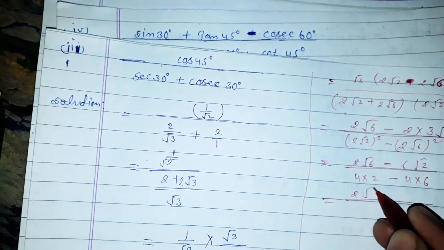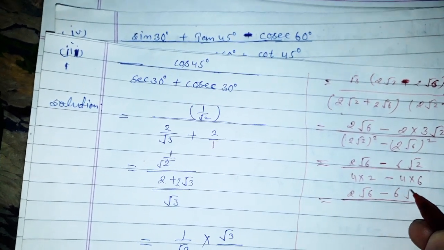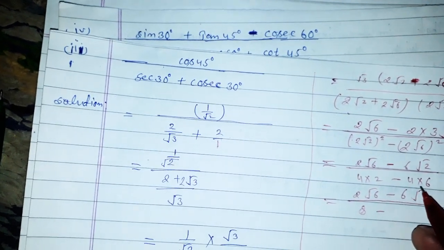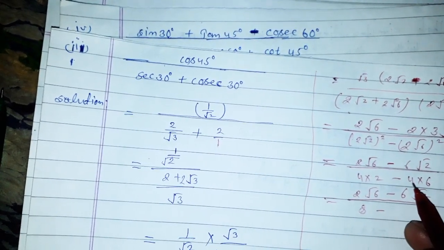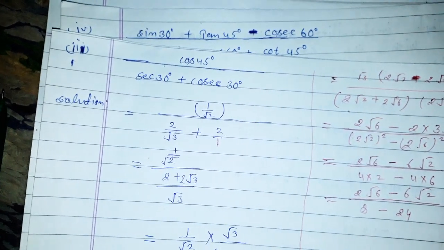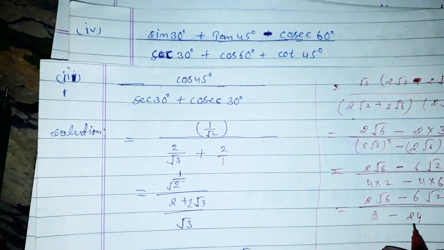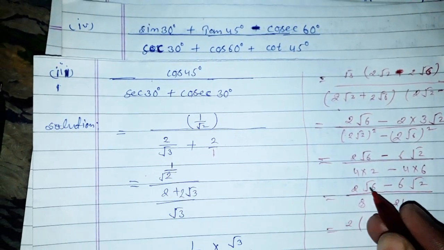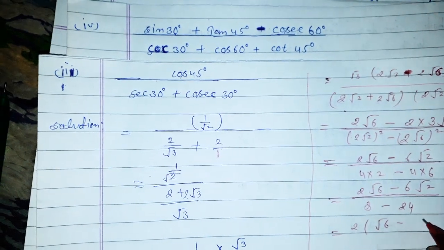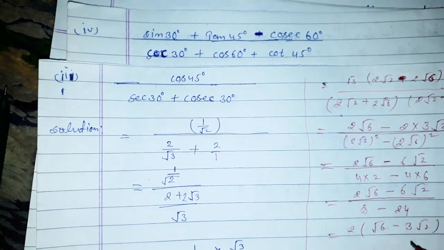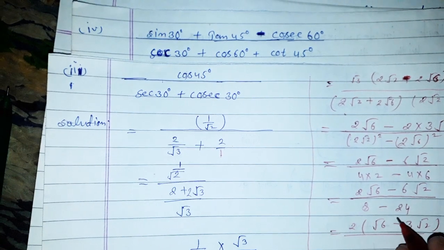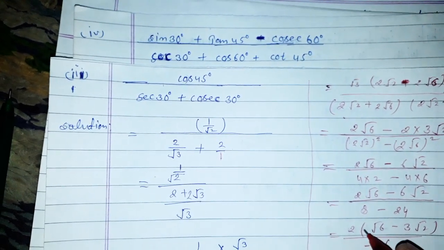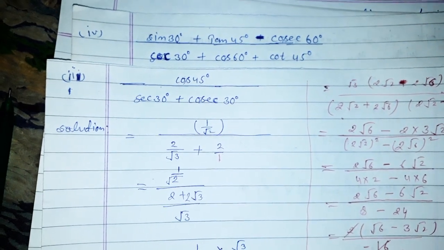This is 2 root 6 minus 6 root 2, 8 minus 24. Take the common value 2, so the value is root 6 minus 3 root 2. Subtract the values, so this is 16 but negative, divide, this is 8.